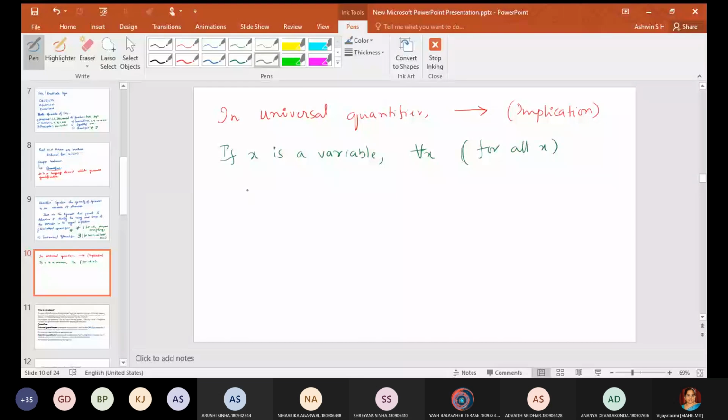Example: all students drink coffee. Okay, this is the example. So here, what is the meaning? The meaning of this sentence is, say student X1 drinks coffee. We have a student X2 also. Like this, we have Xn, same, drinks coffee.